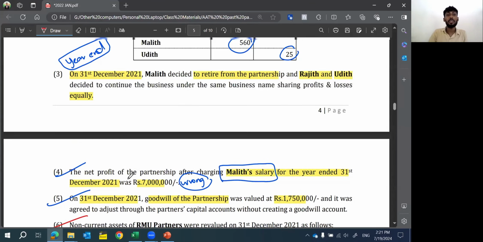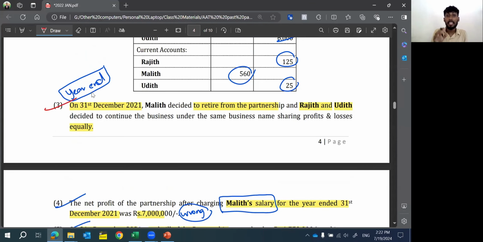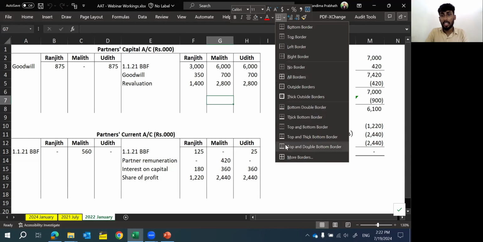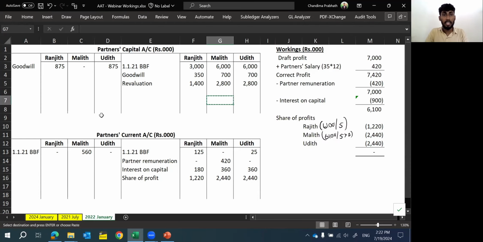Our next step is to transfer the current account balance of Malit to the capital account. First of all, let's do that before going for others. Let's transfer the current account balance of Malit.